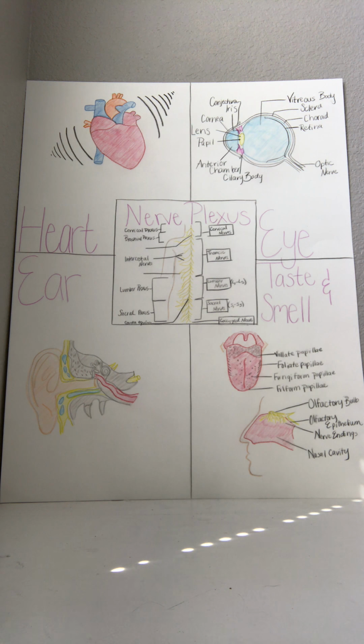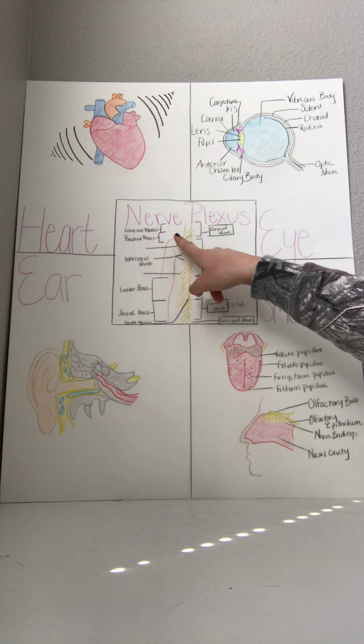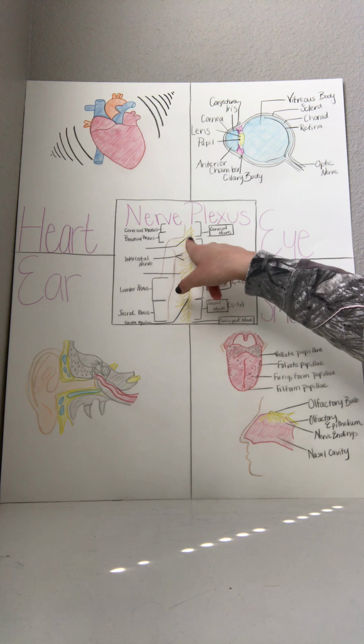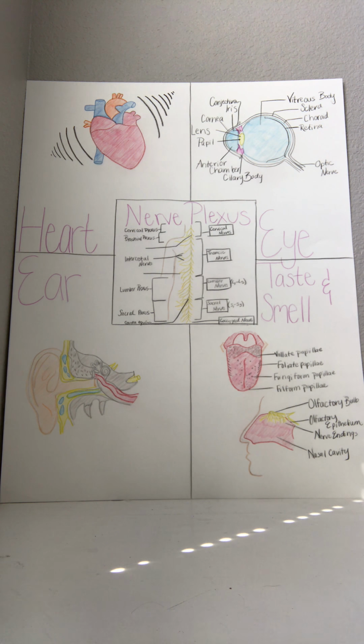The brachial plexus is at the ventral rami of C5 through C8 and T1, and it consists of 5 nerves: the axillary, the radial, the median, the musculocutaneous, and the ulnar nerves, and that innervates the arm muscles. So you can see here's the cervical plexus, is up at the top of the neck, and then the brachial plexus is about in the middle to the bottom of the neck and the top of the shoulders.